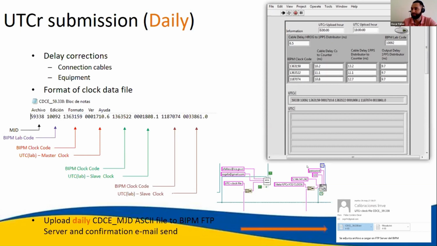After that, the program considers the information given by the BIPM: the password, the username, the IP, and the directory, and uploads the file daily to the BIPM FTP server, and also sends us a confirmation email with the raw data and with the daily file created for us to confirm and see the information.